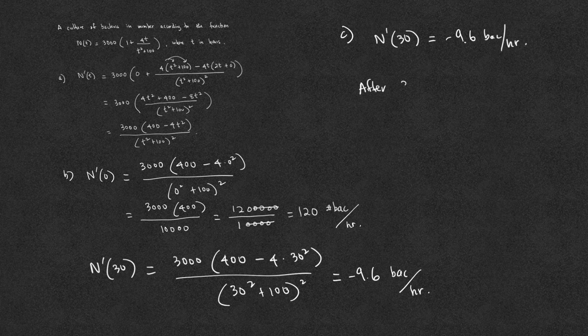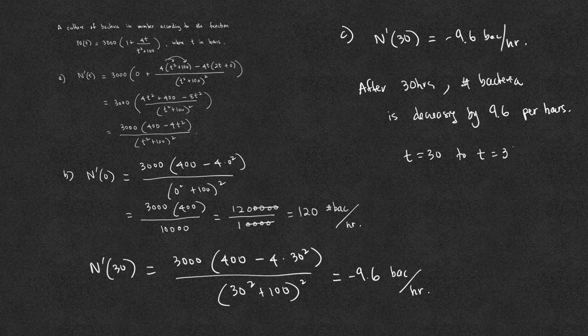After 30 hours, the number of bacteria in this culture is decreasing by 9.6 per hour. What that means is that going from t equals 30 to t equals 31, the bacteria decreases by 9.6 for each additional hour.